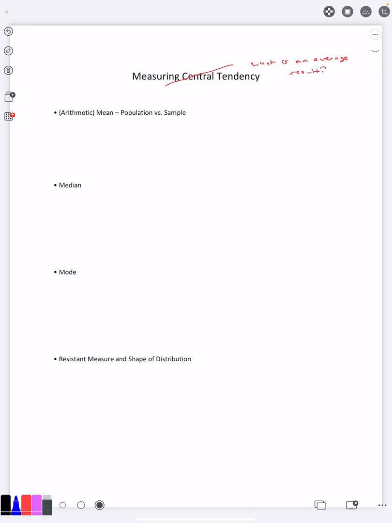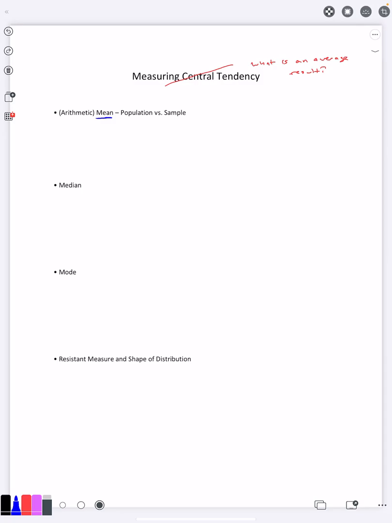So adding them up and dividing by how many there are, that's what we call the mean of the data. And I put there in parentheses arithmetic mean because there are actually other types of means out there in the world. There are things like the geometric mean. There is something called the weighted mean that we will see later.